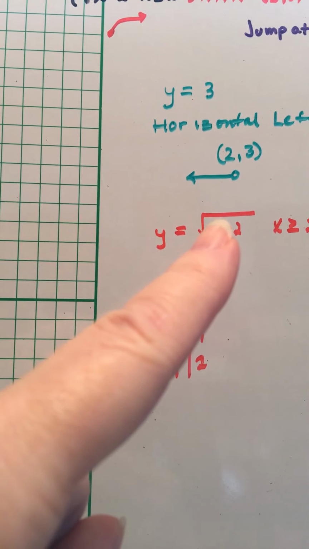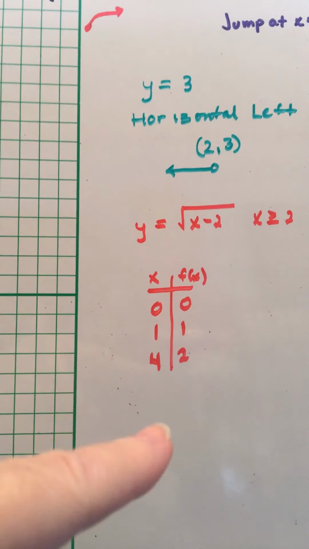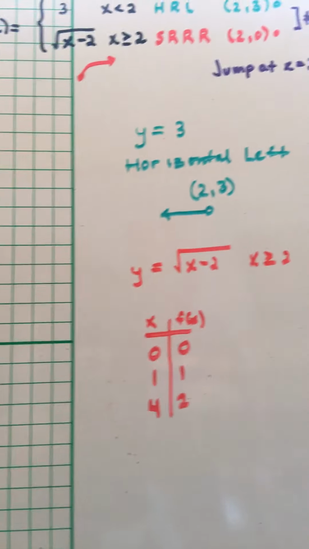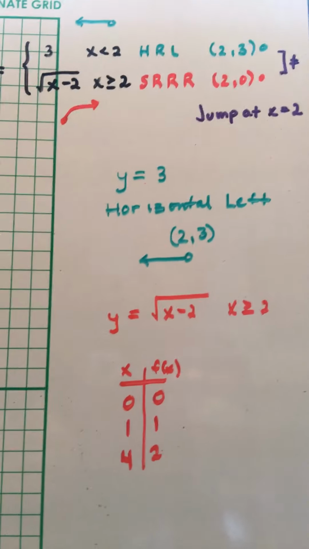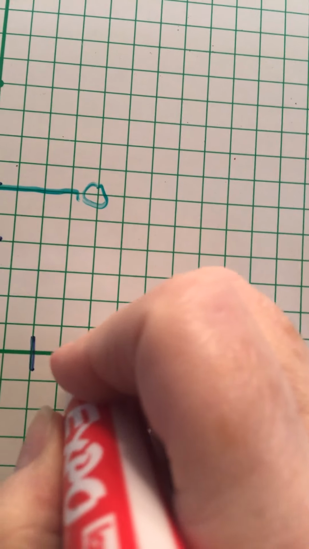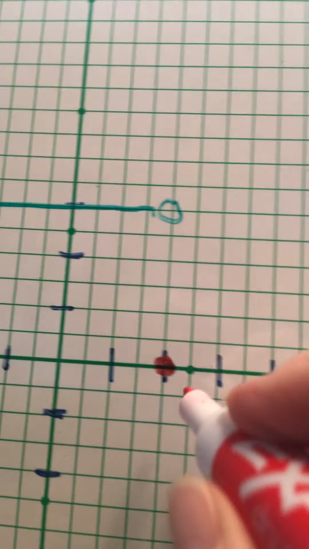And since the x is positive, these are positive. Since the outside's positive, these are positive. And so from my vertex of 2, 0, which is closed, so I put in my 2, 0, I'm going to go right 1, up 1.